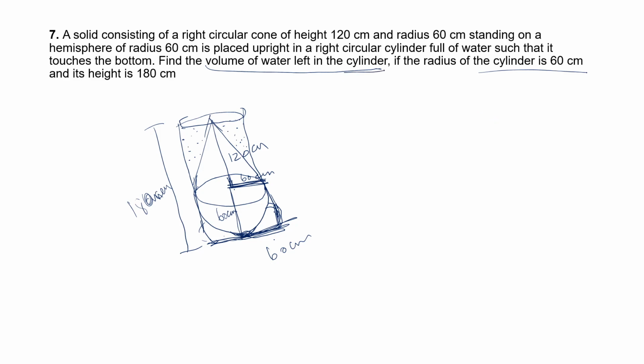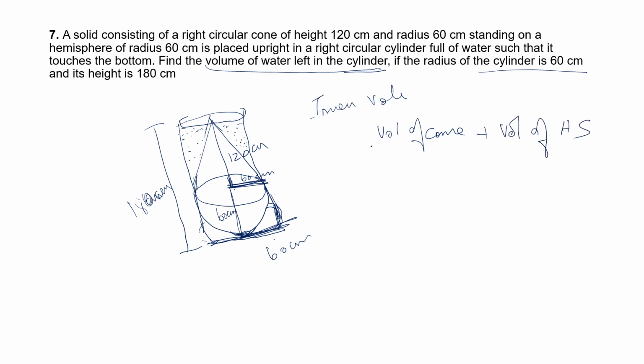What is the question? Volume of the water left in the cylinder. So that means after immersing this, what is the volume left in the cylinder? So how do you find it? First the inner object volume, which is volume of cone plus volume of hemisphere.